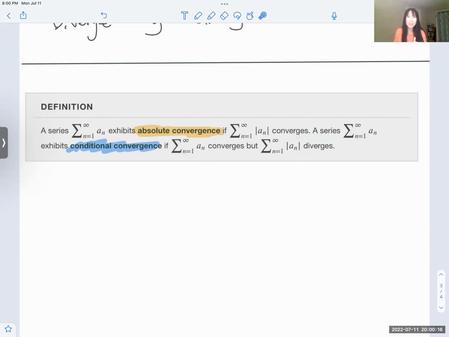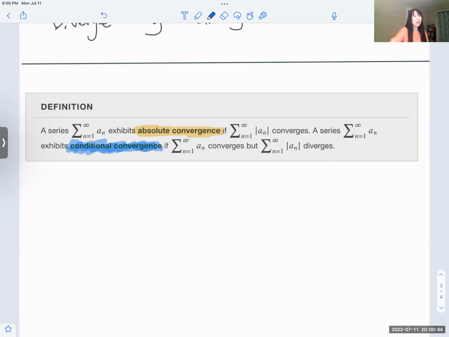Then we say conditional convergence. A little bit harder. Convergence is the noun, converges is the verb, convergent is the adjective.